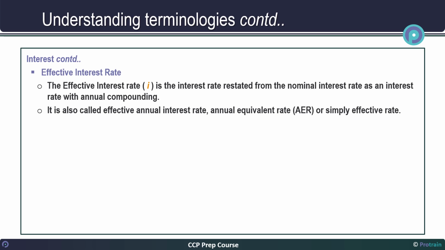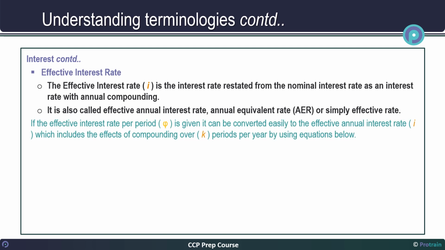If the nominal interest rate and compounding period are given, or effective interest rate per period is given, it can be converted easily to the effective annual interest rate by using equations below. The formulas are I equals (1 + R/K)^K − 1. And when effective interest rate per period is given, the formula I equals (1 + theta)^K − 1 can be used.